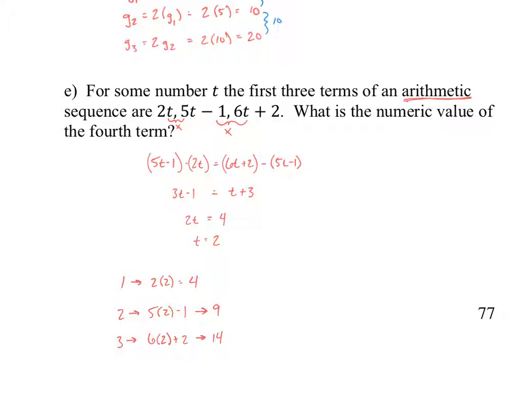Notice, because it's arithmetic, the way we can check here is we can see what this common difference is. Those are 5 apart, those are 5 apart, so we can naturally assume that our fourth term, which is what the question is asking for, will be 5 apart as well. So what number is 5 larger than 14? 19.